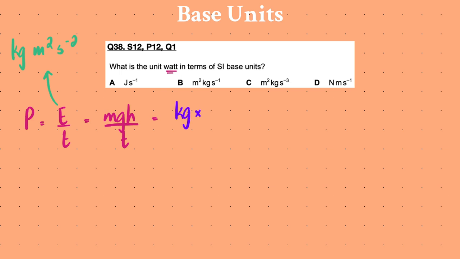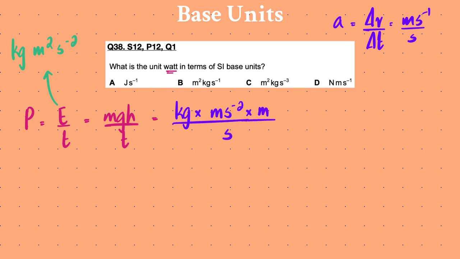So gravitational acceleration is meter per second square, right? Just like how speed is meter per second, acceleration is change in velocity over change in time. So that's meter per second divided by second. That makes it meter per second square. H is height, which is meter. And then in the denominator, we have time, which is seconds.